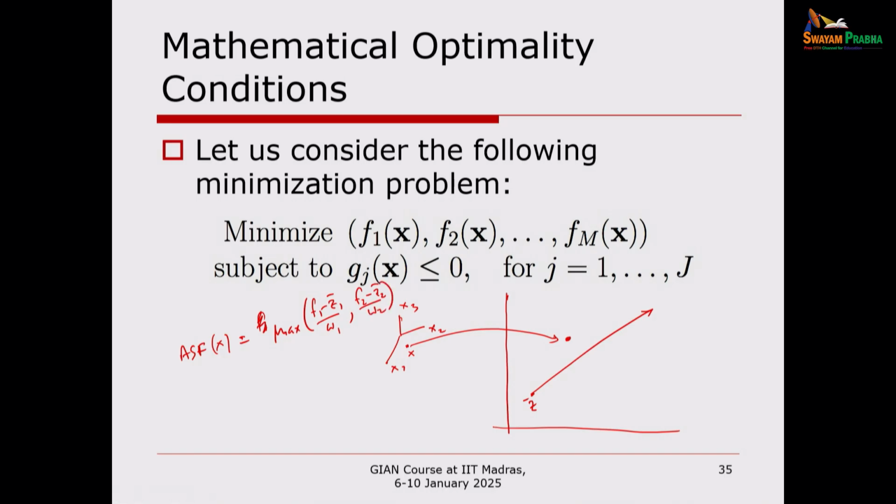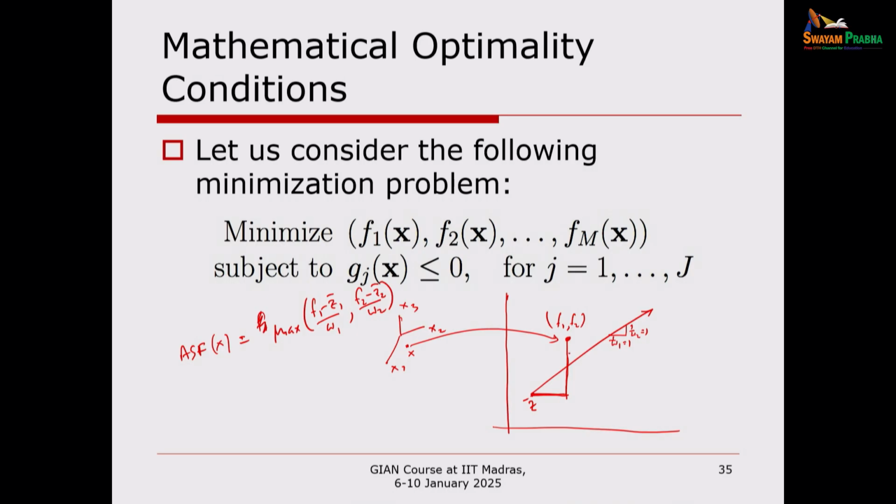So let's try to do this. This is my F1 comma F2 point. F1 minus Z1 is this distance, divided by W1. For the time being, let's say W1 is equal to W2, so 1 over W1 is 1, 1 over W2 is 1. So this is basically F1 minus Z1 bar, and the other one is F2 minus Z2 bar.